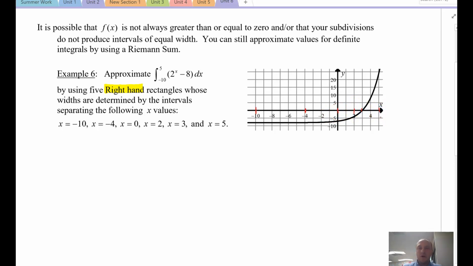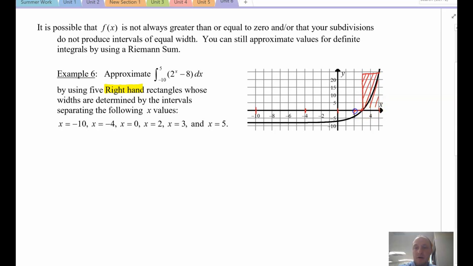So note if I want these intervals, and it's a right-hand Riemann sum, I'm going to go to the right value, and I'm going to go all the way up. So this interval is going to go all the way up here, and I want this area. Then for 3, I'm going to go to the right-hand value.